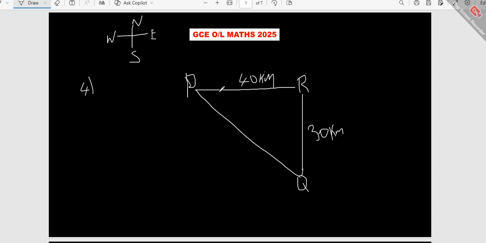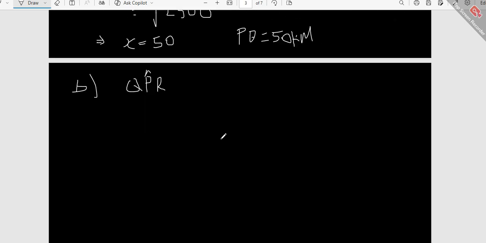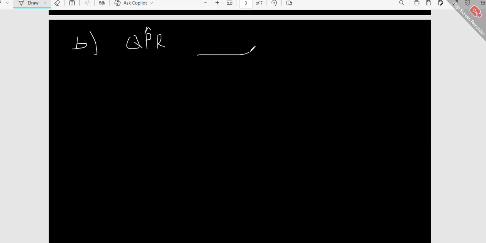Now, we know all the sides. Let me draw it back. This is 30 kilometers, the one up is 40 kilometers, and this one is 50 kilometers. And this angle is 90. So we are asked to look for this angle.